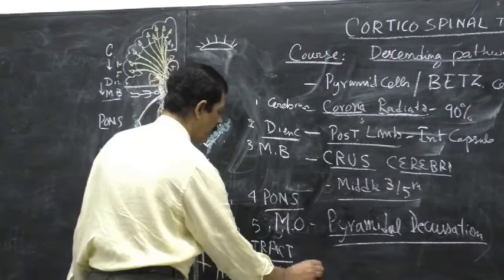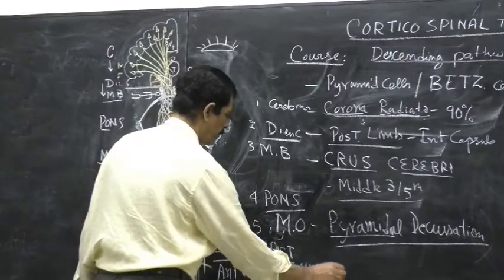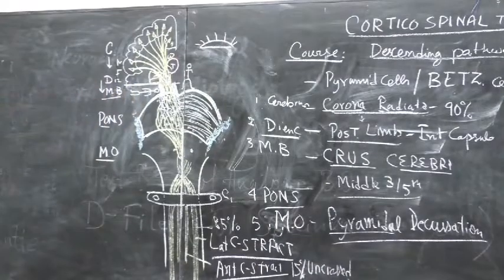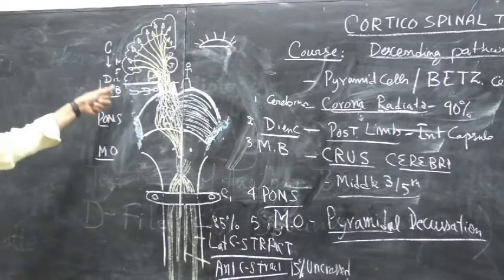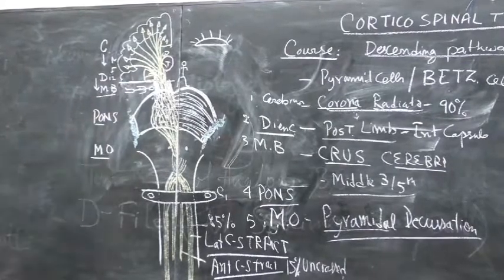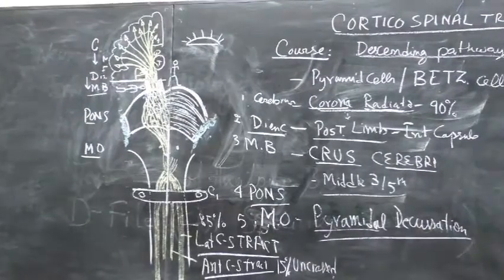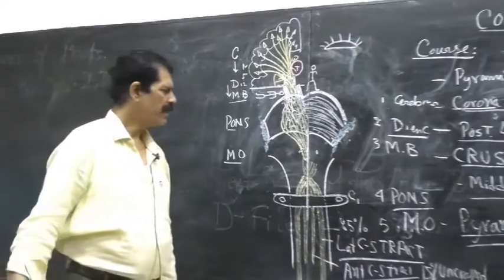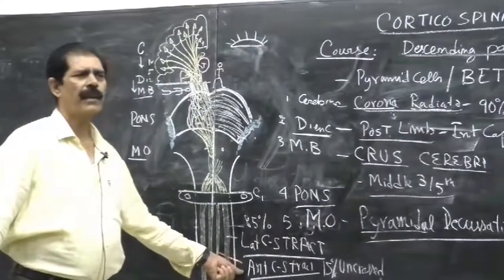They are uncrossed. So this is the journey of how it traverses the whole of the forebrain, midbrain and hindbrain, and then ultimately reaches the spinal cord as the lateral and the anterior corticospinal tract.